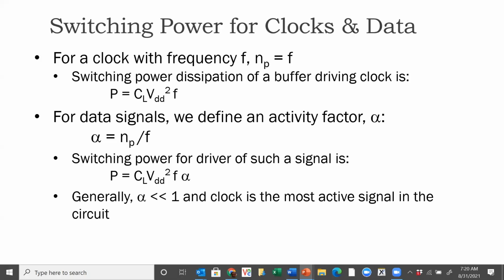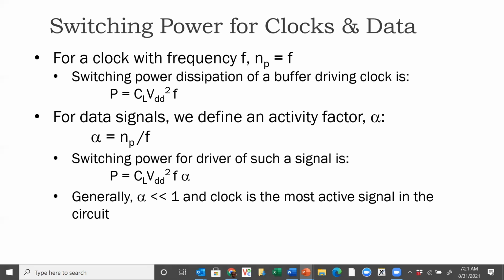The load capacitances of individual standard cells are something where one can adopt design practices that keep them as low as possible. Reducing the supply voltage comes at a cost, and we may not be able to reduce it. So the really important ones we can try to play with are load capacitance and activity factor alpha.